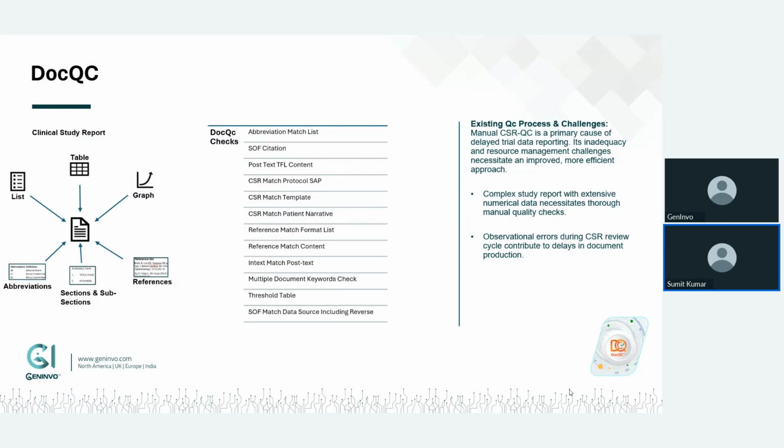Firstly, it can trigger additional queries and requests for clarification from the regulatory authorities, thereby leading to significant delays in the review and approval process. Such delays can have a cascading effect on the overall timeline of the trial, potentially impacting market entry timelines and delaying the access of patients in need.